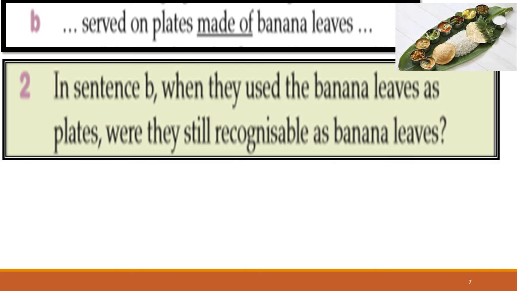My question is, when they use the banana leaves as plate, were they still recognizable as banana leaves? Do you know that this is banana leaves? After putting and serving the food on the banana leaves, we still recognize that this is banana leaves?